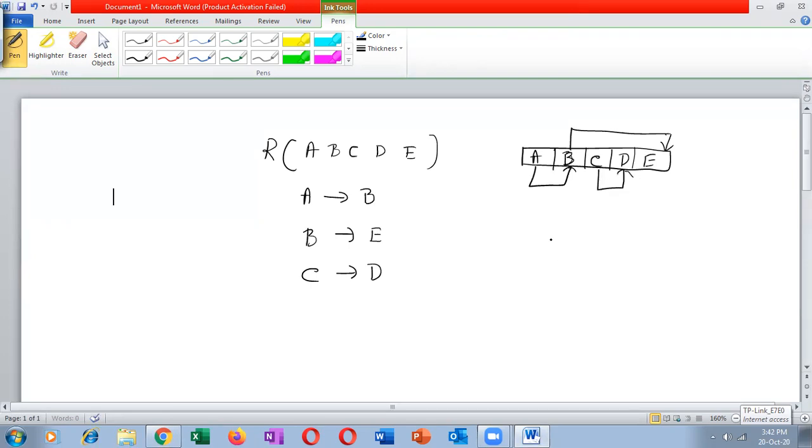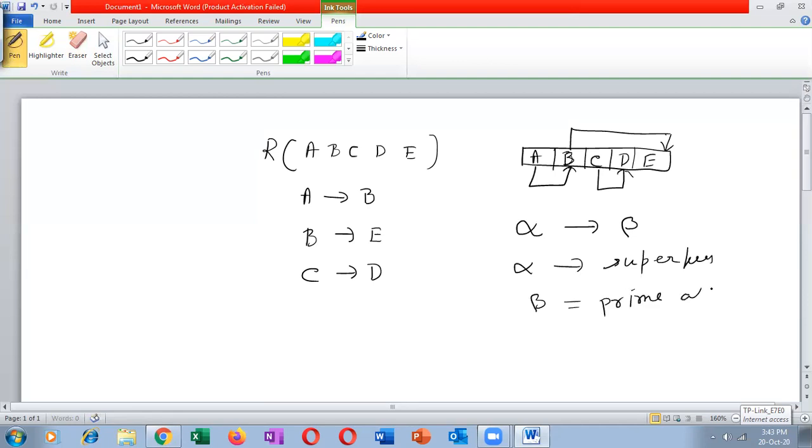Now, we need to know whether this is in third normal form or not. So what is the condition of third normal form? If there is a functional dependency like alpha to beta, then either alpha should be a super key or beta should be a prime attribute.